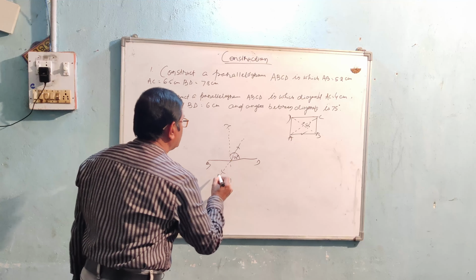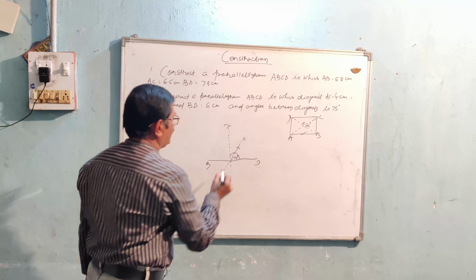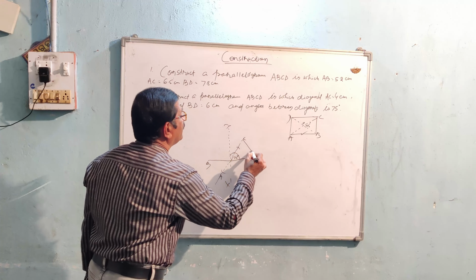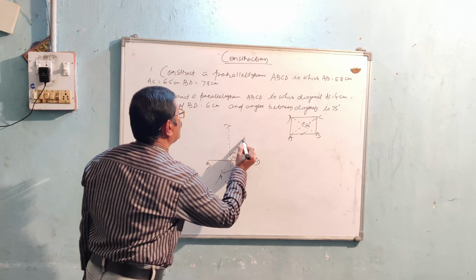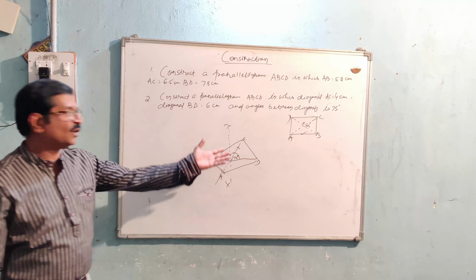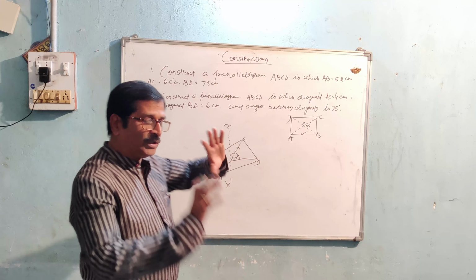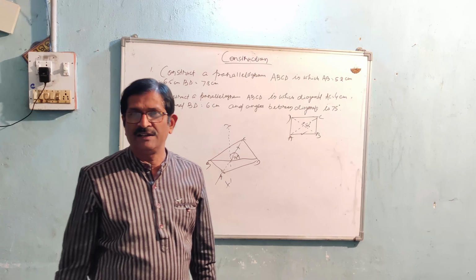And now this would be your AC. Now you have got AC, then you join this side and this side. In this process, we can find out a parallelogram where two diagonals and the angle between the two diagonals are given.